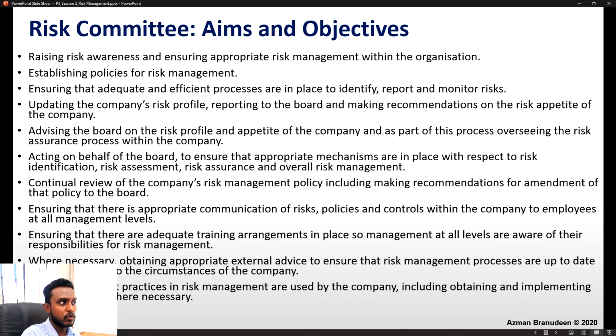They advise the board on the risk profile and appetite, and as part of the process, they oversee the risk assurance process. They act on behalf of the board to ensure the appropriate mechanisms are well in place with respect to identification, assessment, assurance, and overall management of risk. They do continuous reviews of the company's risk management policy, including making recommendations for amendment of that policy.